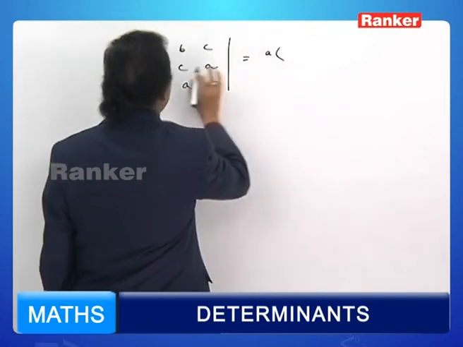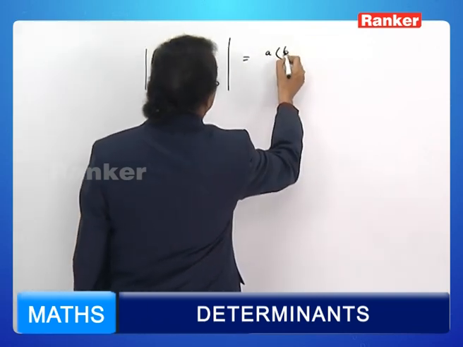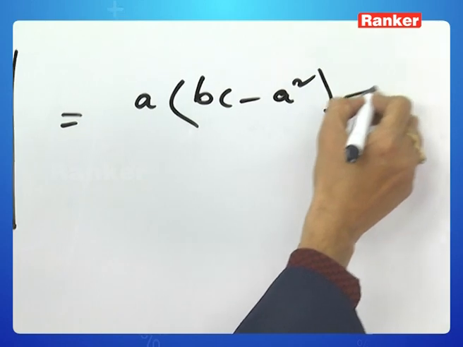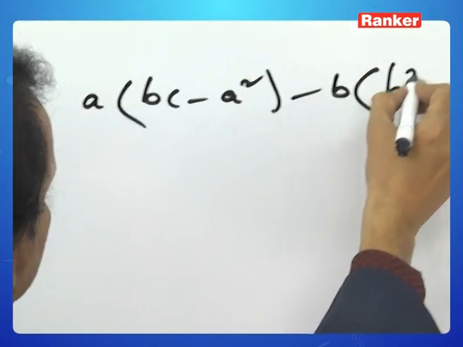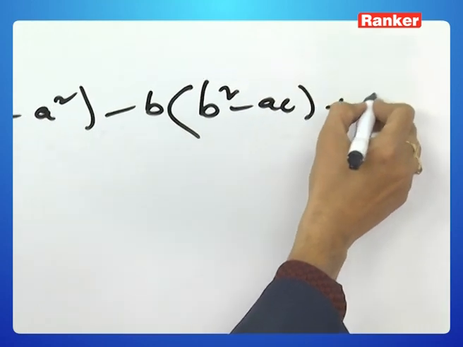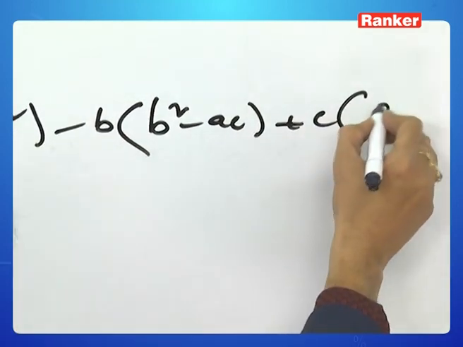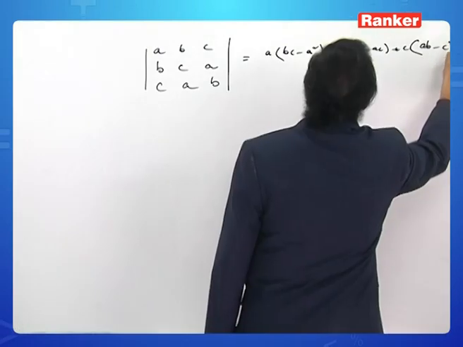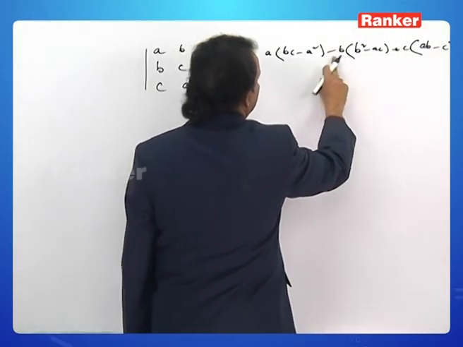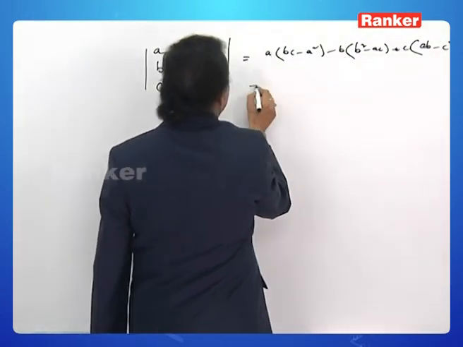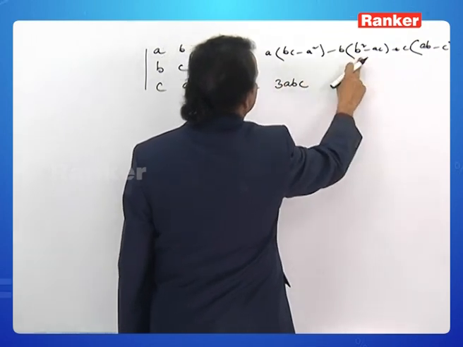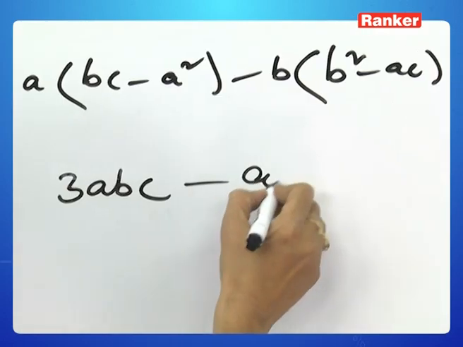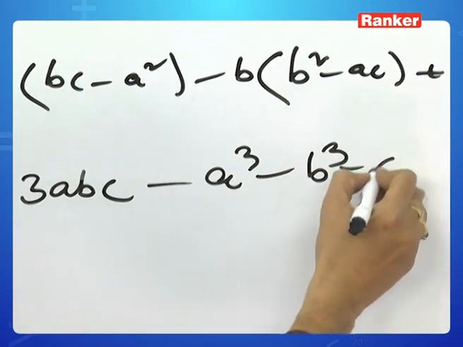A into BC minus A square, minus B into B square minus AC, plus C into AB minus C square. ABC, ABC, ABC. So it is 3ABC, minus A cube minus B cube minus C cube.